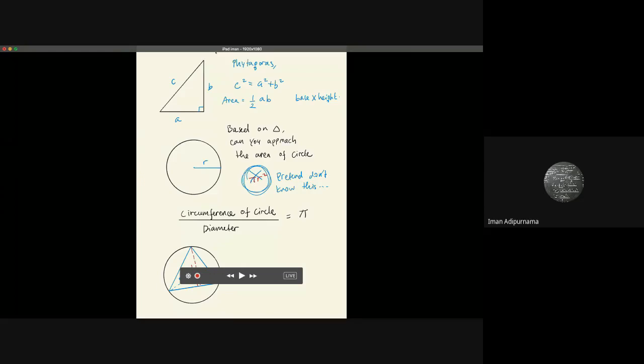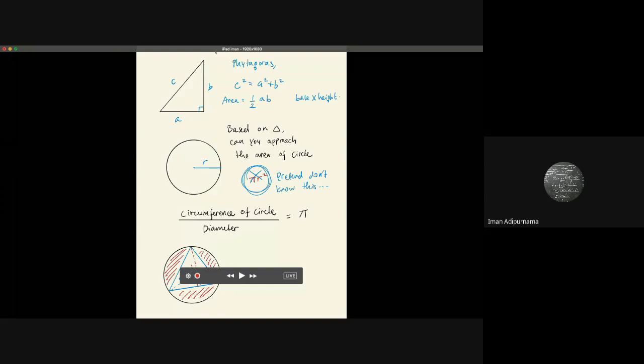So we're still missing this red area here. How about we make not one triangle, but more triangles?